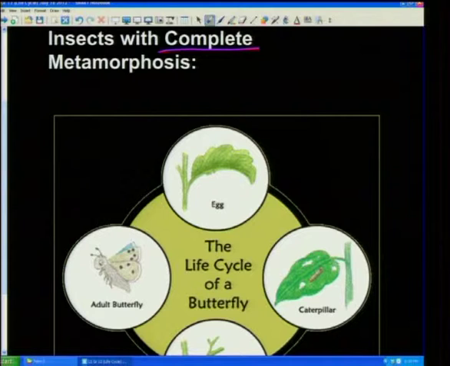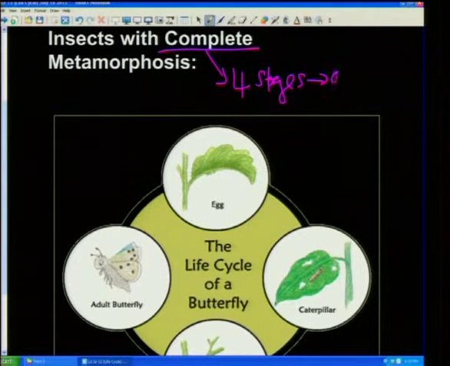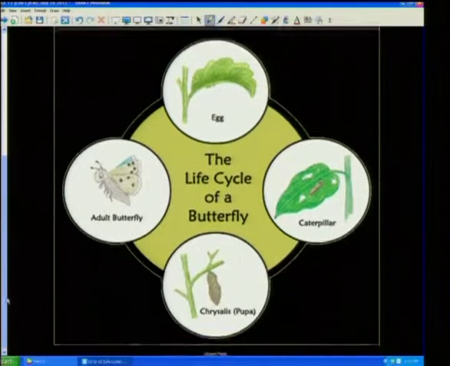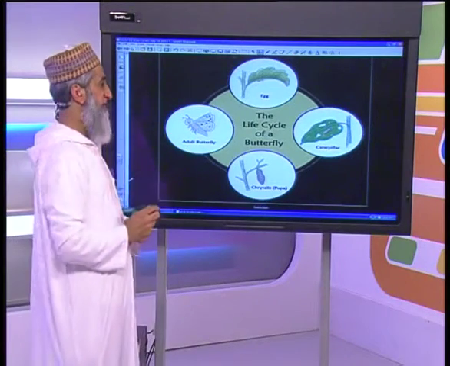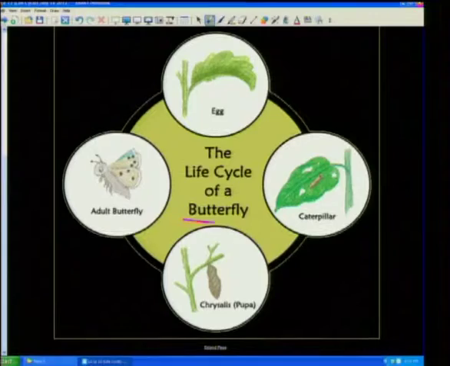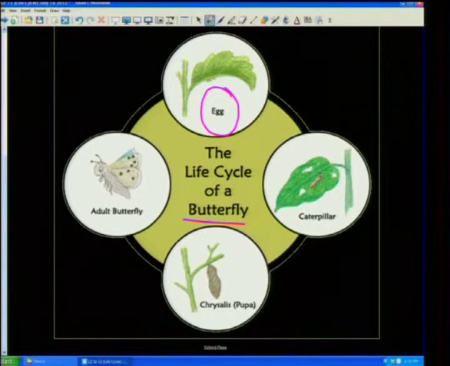When we talk about complete metamorphosis, we talk of metamorphosis where all 4 stages occur. And the stages are beautifully put out in this particular diagram or flowchart of the life cycle of a butterfly. The first one is the egg, then it's the larva, then it's the pupa.